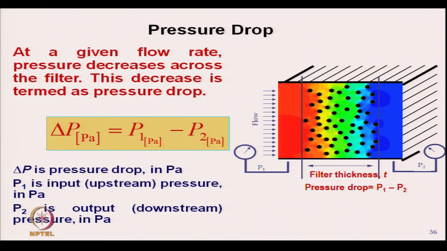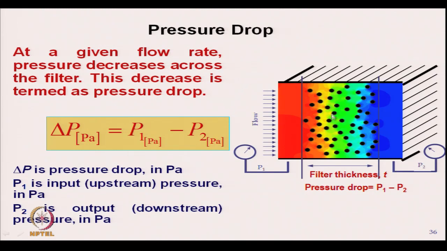Another important parameter for filtration is pressure drop. It is, at a given flow rate, the pressure decrease across the filter. This decrease is termed as pressure drop. So, when the particles along with the fluid medium flow across the filter medium, this is the flow direction, this is upstream, and the other side is downstream.